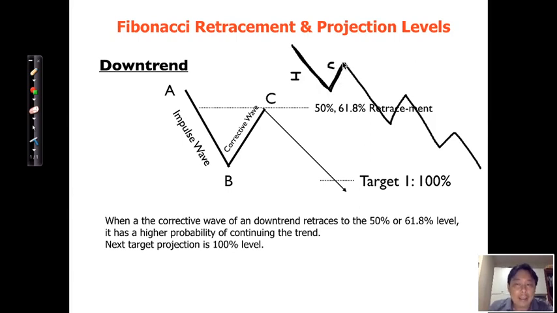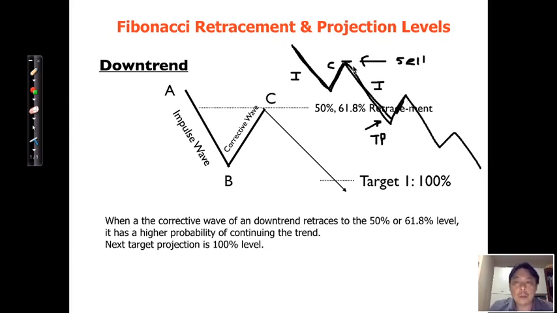So we want to know where is the end of the correction, so we enter there to sell, to short, and to capture the next impulsive wave down, and to take profits somewhere here, just before the next corrective wave goes up.